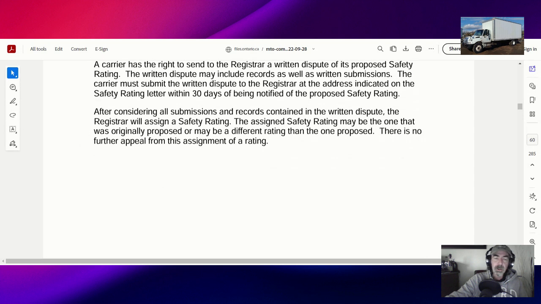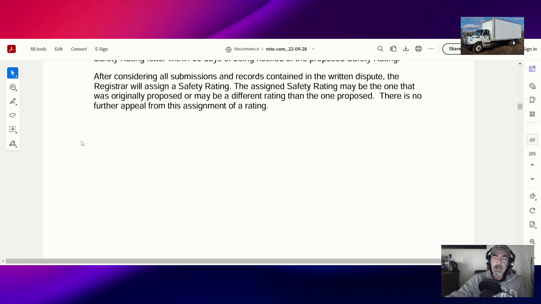After considering all submissions and records contained in the written dispute, the registrar will assign a safety rating. The assigned safety rating may be the one that was originally proposed or may be a different rating than the one proposed. There is no further appeal from this assignment of a rating.